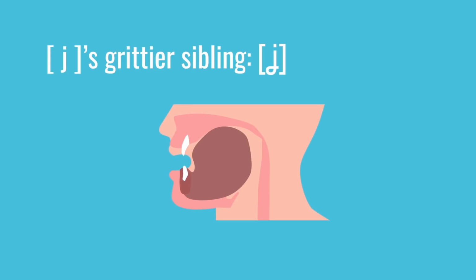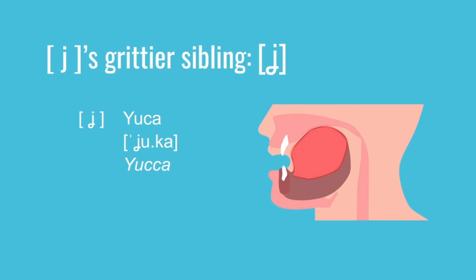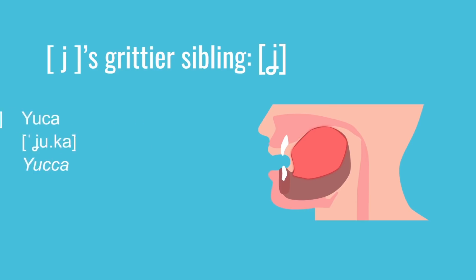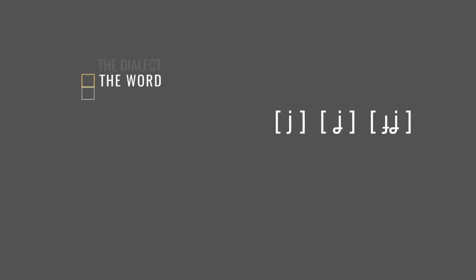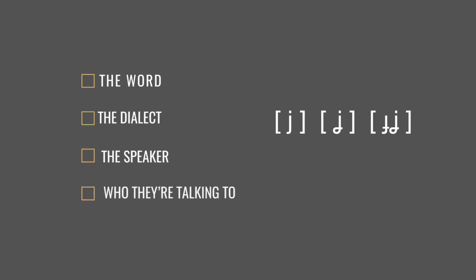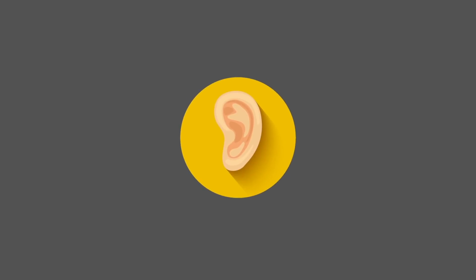Y, as in yuca. The middle of the tongue is right next to the roof of the mouth. Or it may even touch the roof of the mouth for a second, producing y, yuca, inyección. Depending upon the word, the dialect, the speaker, and even who they're talking to, you'll hear speakers switch between these various y sounds almost randomly. So get used to hearing all of them.